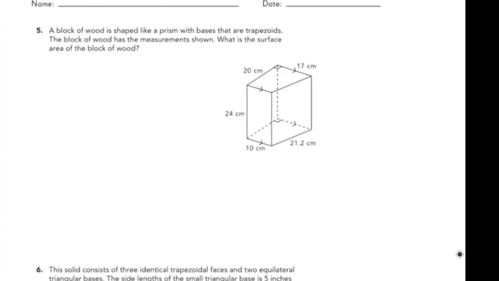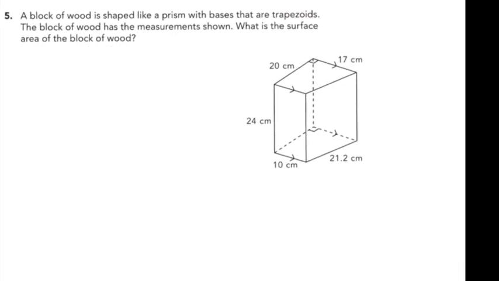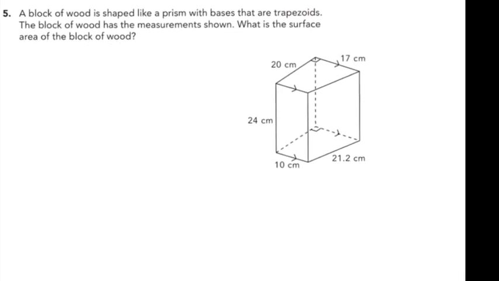We have this block of wood that is shaped like a prism with bases that are trapezoids. What's the surface area of the block of wood? Okay, so you have 2 bases, one at the top and one at the bottom, and they're both trapezoids. So it's 2 times the trapezoid area. So it's 1/2 of the height.